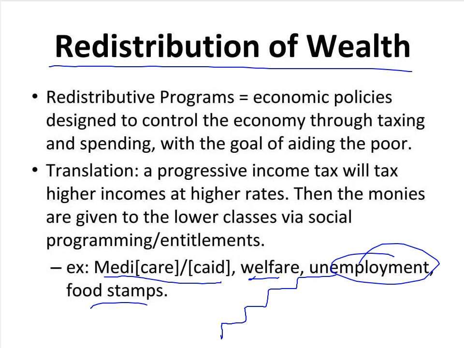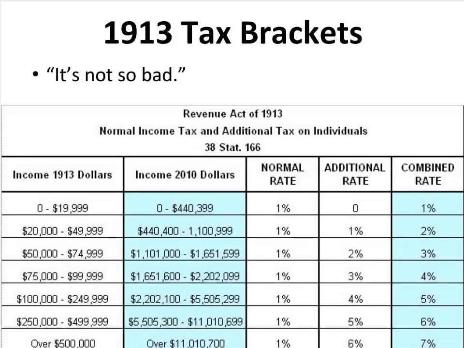How is this paid for? Well, of course, you have in 1913 the creation of the graduated income tax under the leadership of Woodrow Wilson. This would be one of the big reasons why I name Woodrow Wilson as my least favorite president.